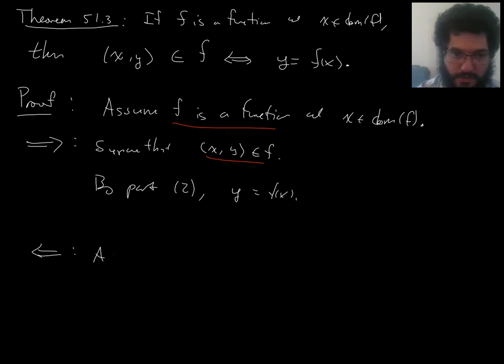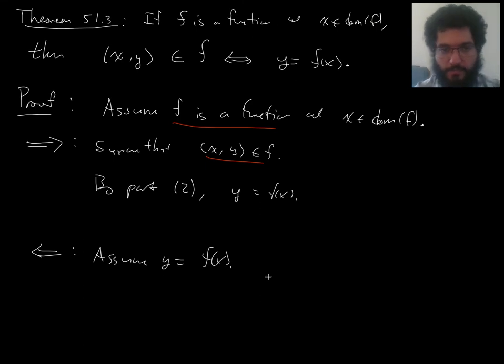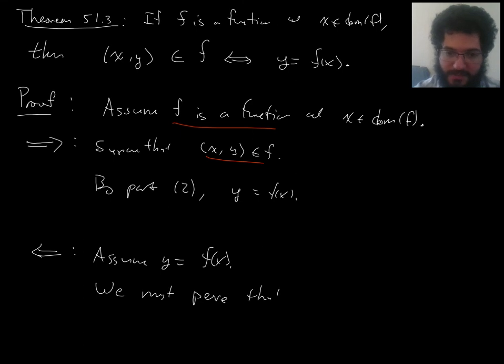In the other direction, assume y is f of x. Then what are we trying to prove? That the pair x y is in f, right? But y is f of x. So let's re-express our goal. We must prove that the pair x comma, and then instead of y, let me write down what y is equal to, since that's equivalent, f of x, is in f.